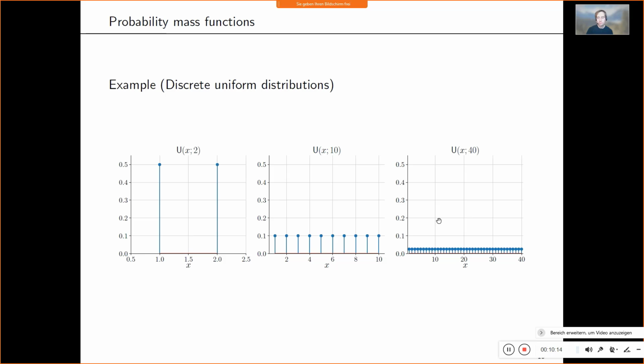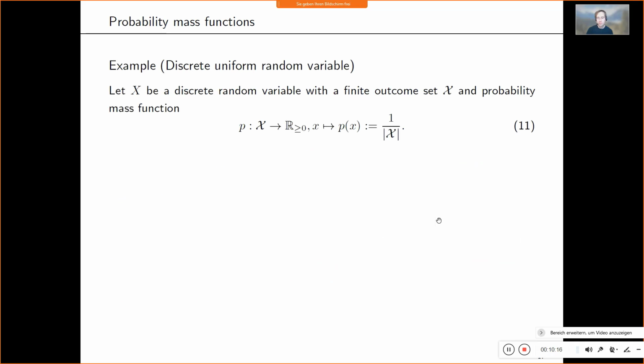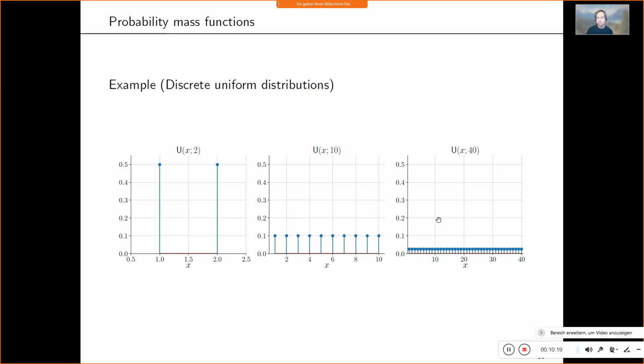Maybe one thing I should emphasize while we're looking at these examples: you see here that I used this stem plot instead of putting a line or something like that, and this is motivated by the fact that these random variables only take on a finite number of values and don't take on values in between.